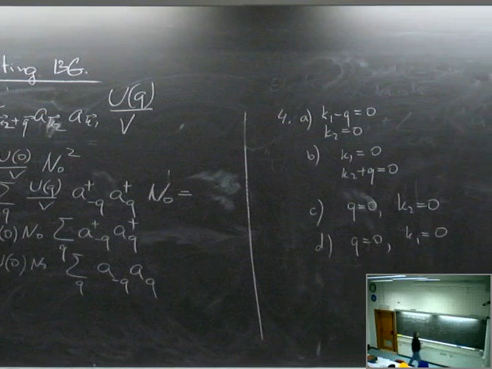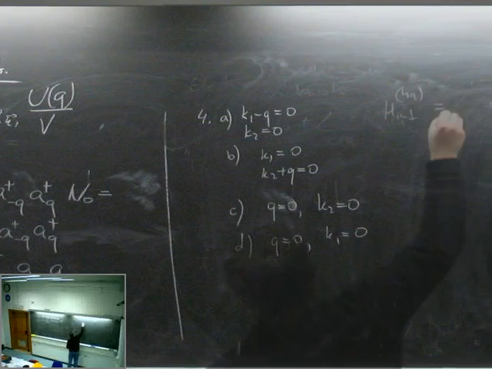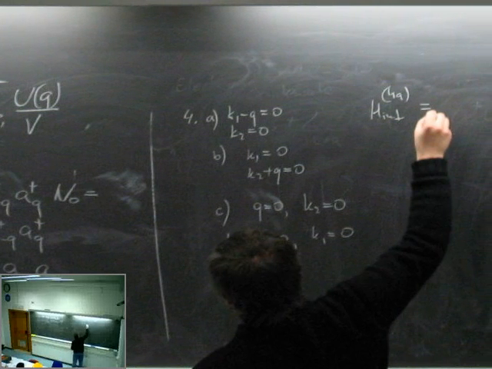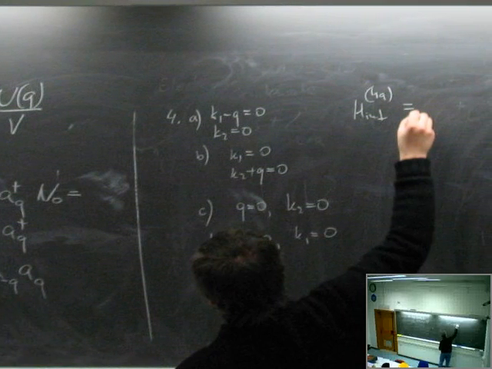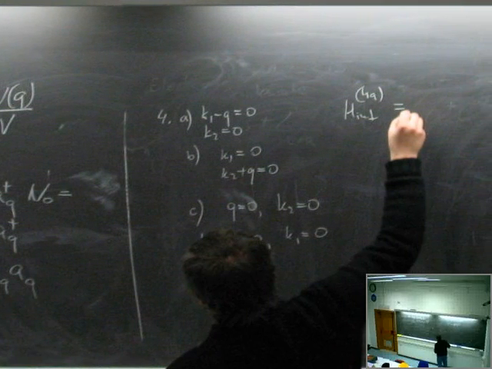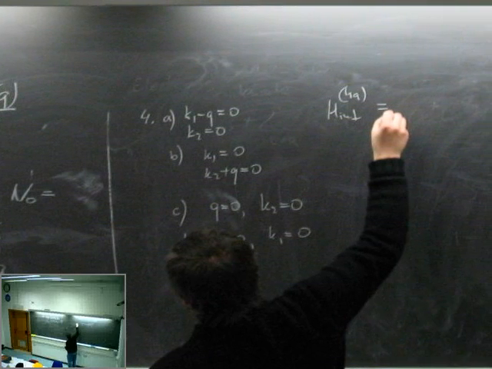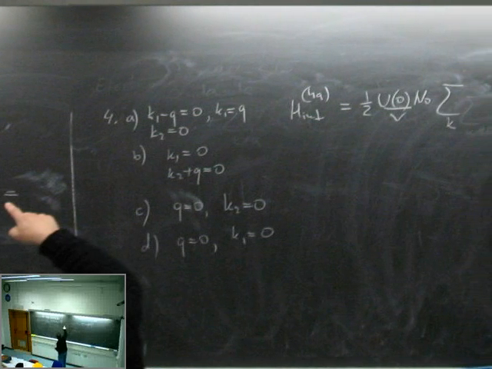square root of n node. For example, H interaction for A is equal to 1/2 U node N node over V, sum over K. As I said, K1 is equal to Q, K2 is equal to 0.